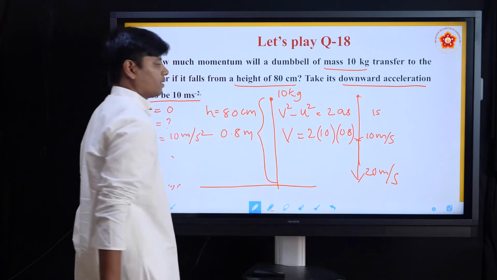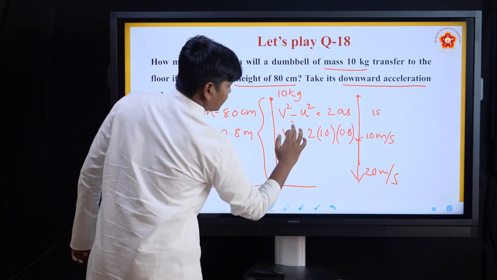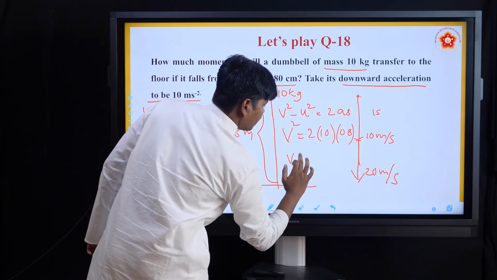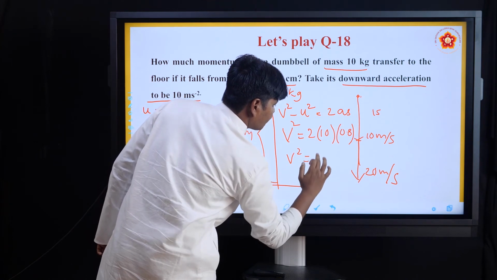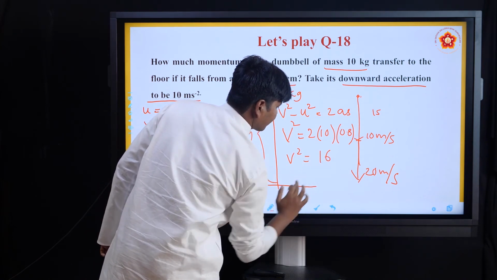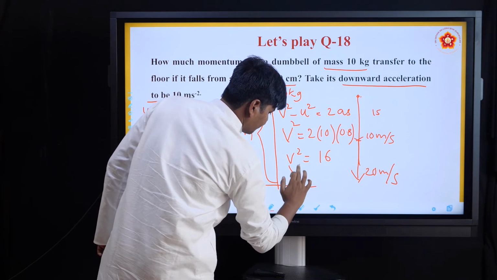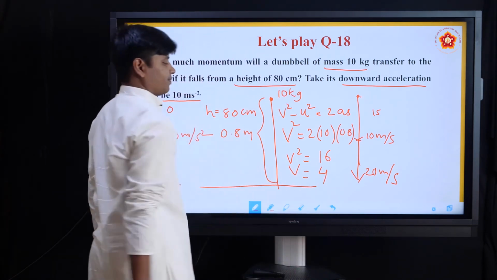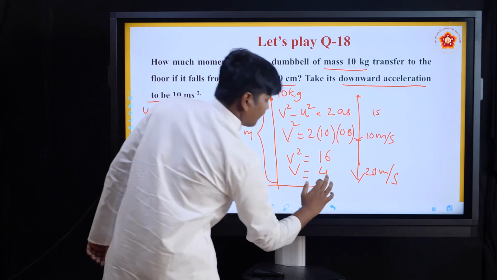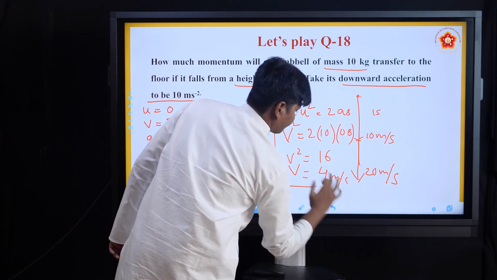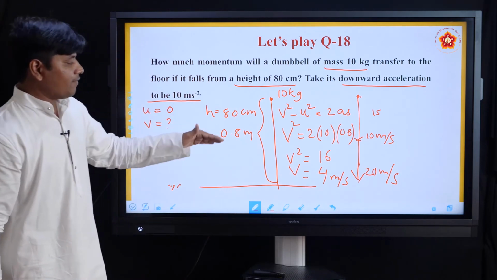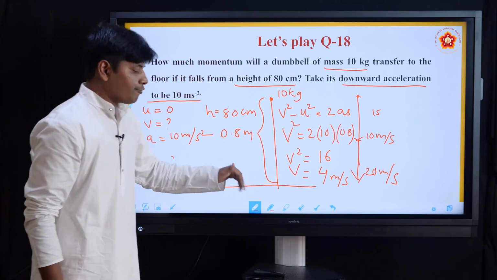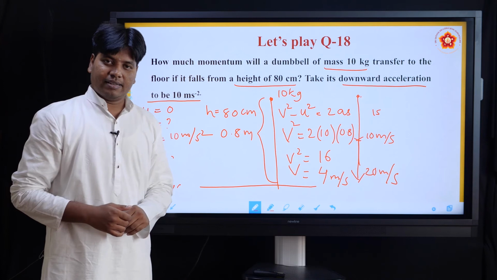Now v squared turns out to be 16 and v is equal to 4 meters per second. So the final velocity of the object is 4 meters per second, right?